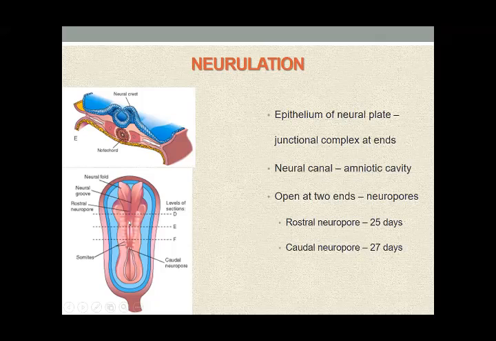As development goes on, the neuropores close. On day 25 the cranial neuropore closes, and on day 27 the caudal neuropore closes. So the cranial rostral neuropore closes at day 25, and the caudal neuropore closes at day 27.